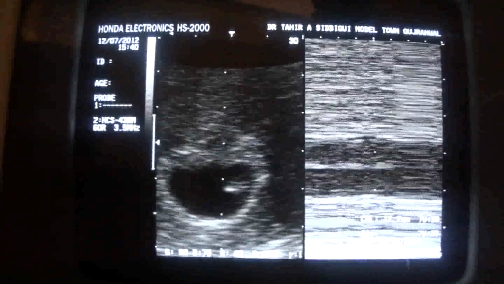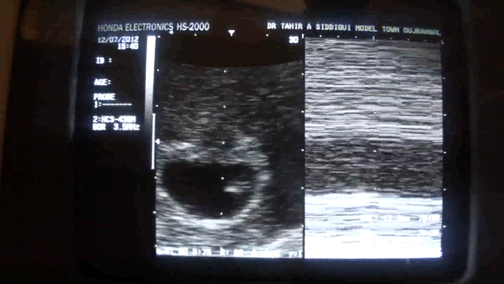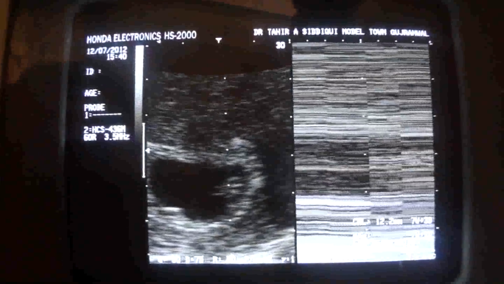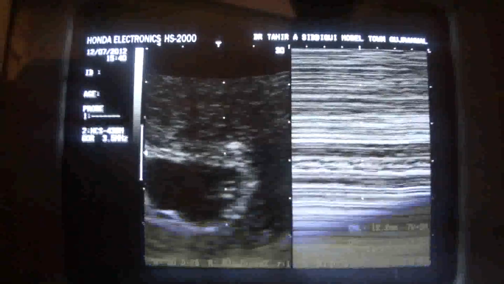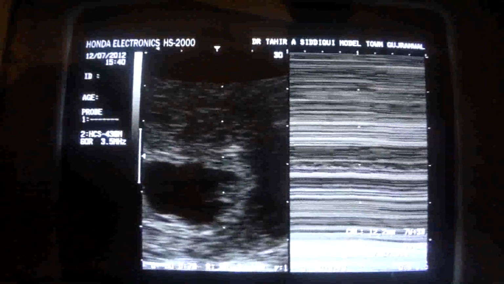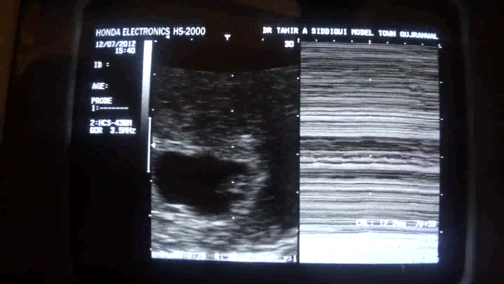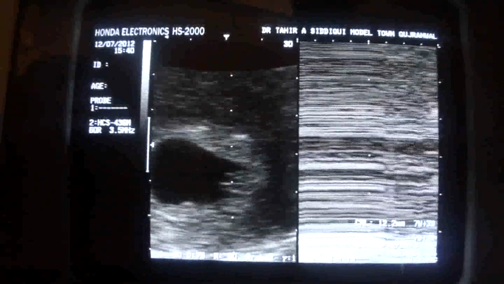This is the transverse section of the gestational sac, and here again you can see the cardiac flicker. Waveform is seen.